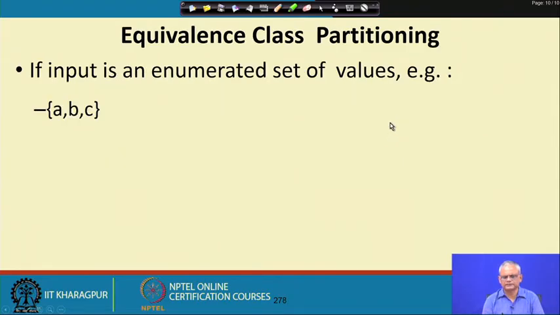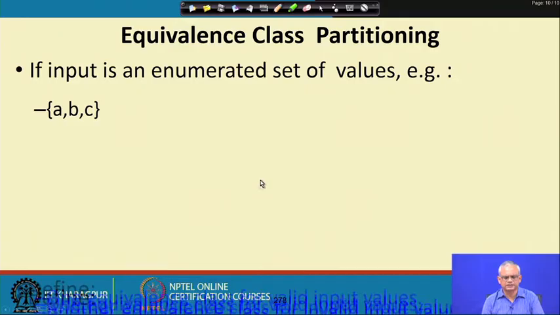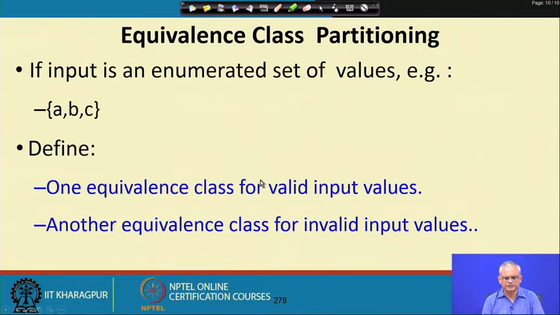Now, let us say a function takes a set of values. Let us say only A, B, C, these letters are valid and anything else is invalid. So, we have two equivalence classes. One is the valid equivalence class, where we give a value A, B or C, and the other is the invalid equivalence class, which gives a value other than A, B, C, maybe D or something.